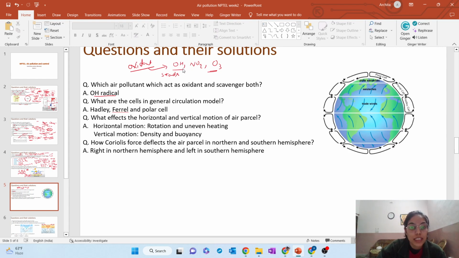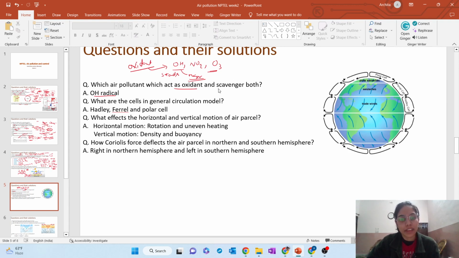This is a major oxidant in the atmosphere because of its rigorous cycle, and it reacts with almost every air pollutant in the atmosphere. You name it: sulfate, brown carbon, all of the VOCs. It reacts with everything.